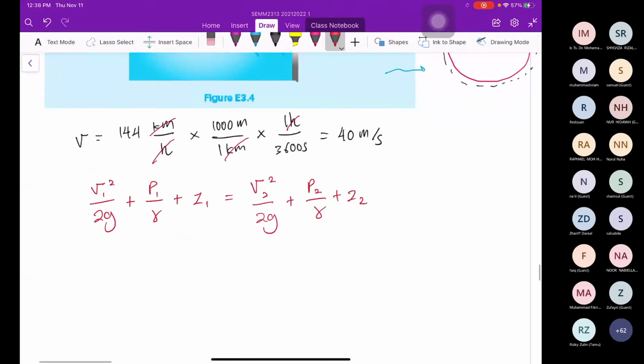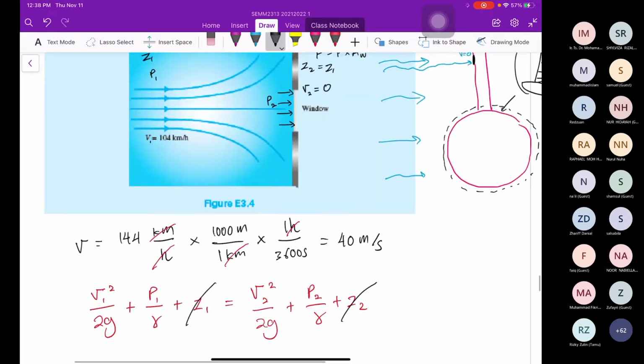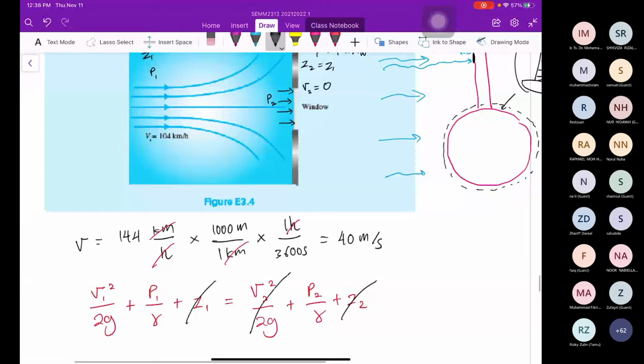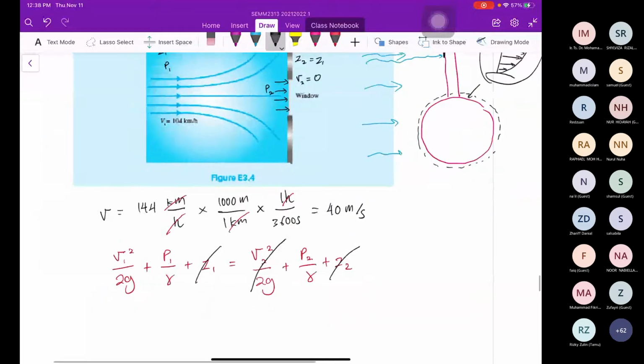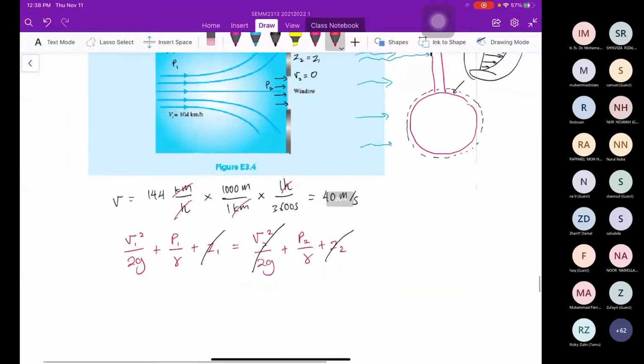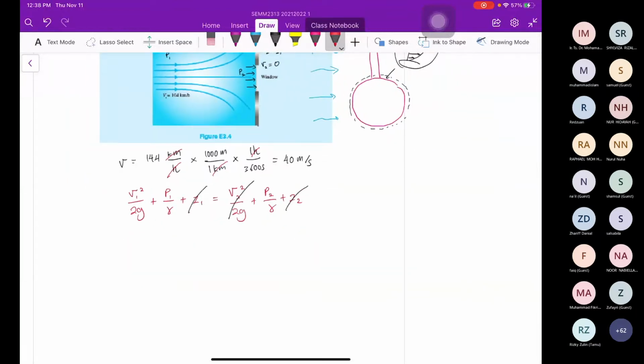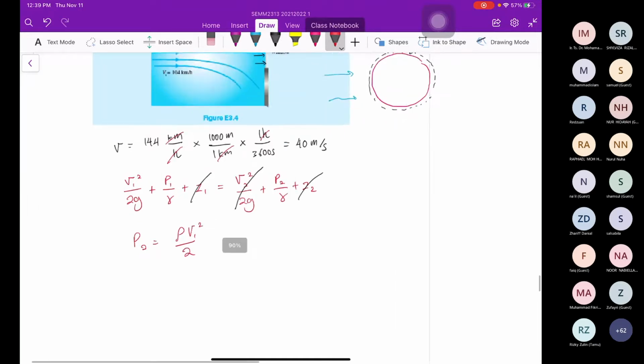Okay, V1 squared over 2g. So we can cancel out Z1 and Z2. Velocity 2 is equal to 0. So now we need to find the pressure at point 2. Rearrange the equation, you will get P2 equal to rho V1 squared over 2.